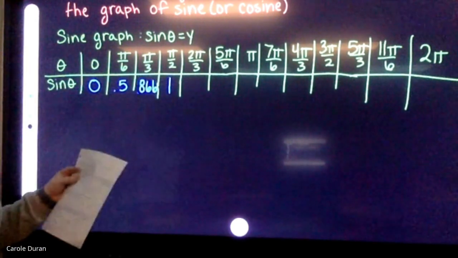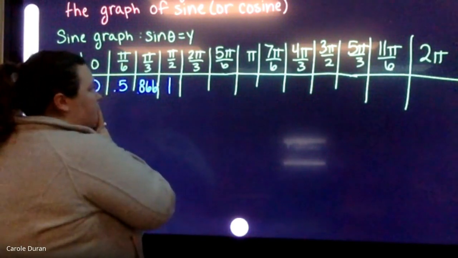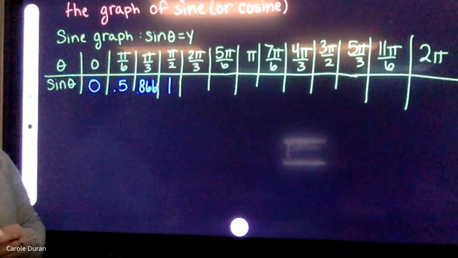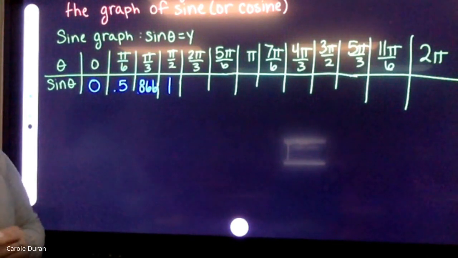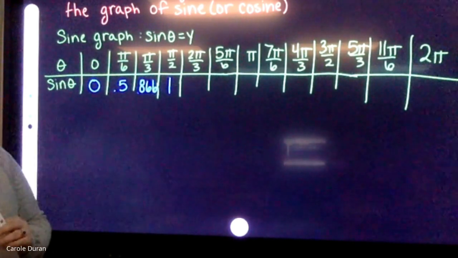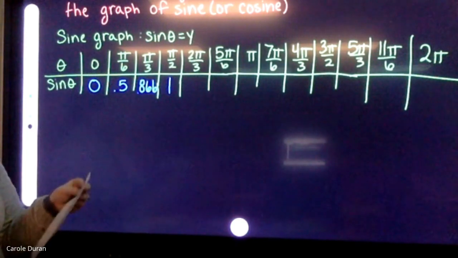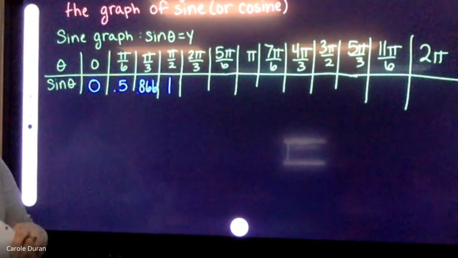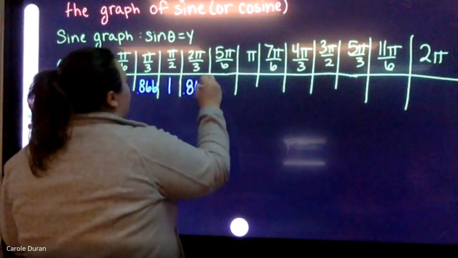Jonah, what's sine of 2 pi over 3? Do we put a fraction? Like 2 pi divided by 3 is fine. Click sine first, though. 0.866. Perfect.